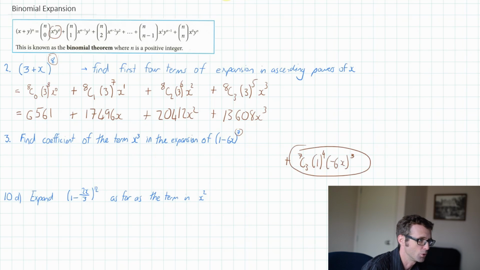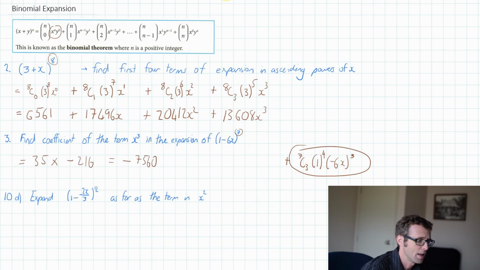So this will be equal to 35 times, now 1 to the power of 4 is just 1, but the next one, bracket minus 6, and I'm going to cube that. Minus 6 cubed gives me negative 216, so negative 216 times 35 gives me negative 7560.